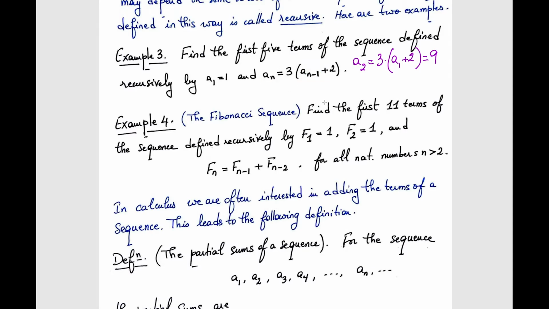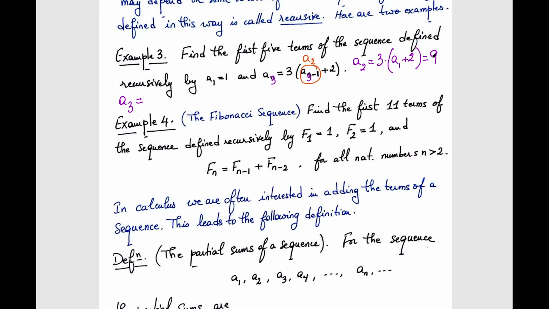Now this third term, they want the first 5. Let's find all of them. So the third term, this is when n is 3. So I want to find a sub 3 now. When n is 3, that's going to be 3 here. So 3 minus 1 is 2, correct? So this becomes a sub 2 then. And how much is a sub 2?